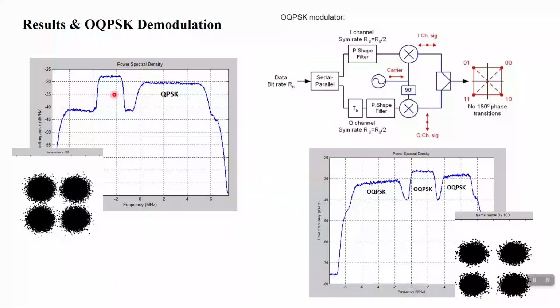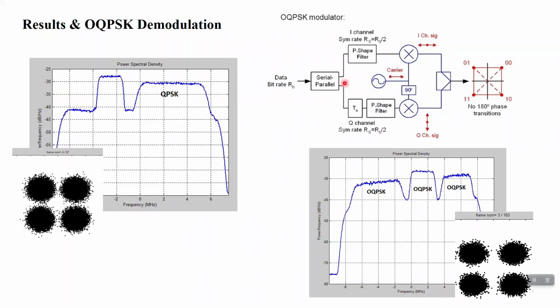Here you can see the final result. The final constellation for QPSK looks something like this, and for offset QPSK also something like this. But you should consider that in a transmitter for building offset QPSK, the Q branch is delayed half a symbol time compared to the I branch, as you can see here in a transmitter for offset QPSK.